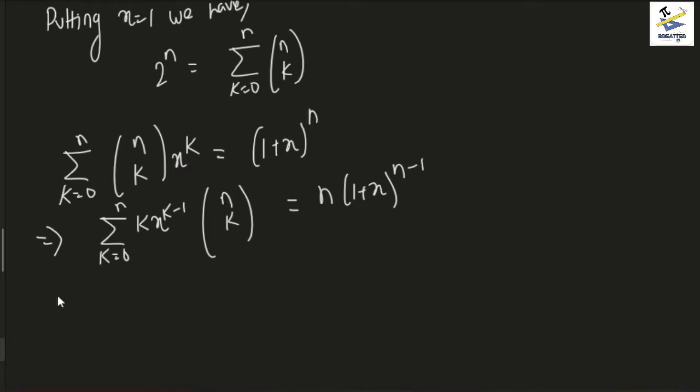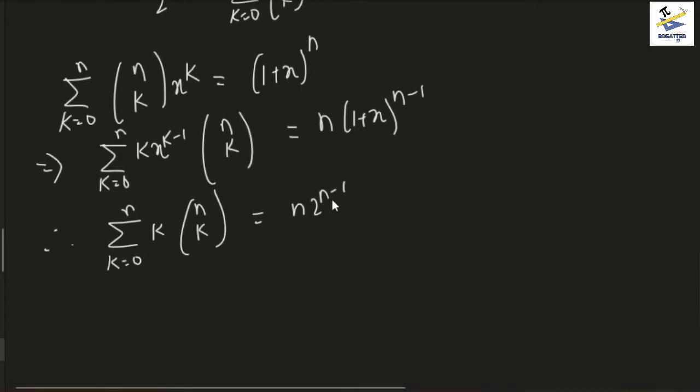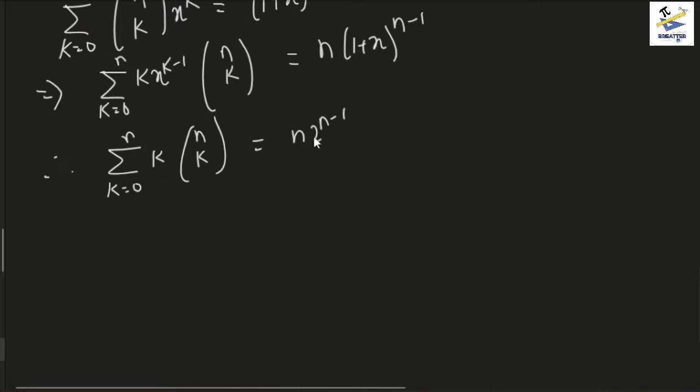So putting x equals 1, we get the sum of k into nCk equals n into 2 to the power n minus 1, which is exactly what we would expect, right? Now this is another identity, and what I'm trying to show you here is that this kind of identities will be well needed when we are trying to do certain sums. Let us do some more.